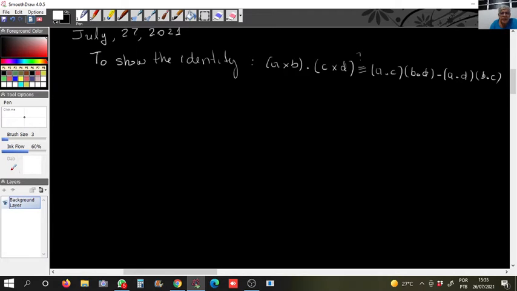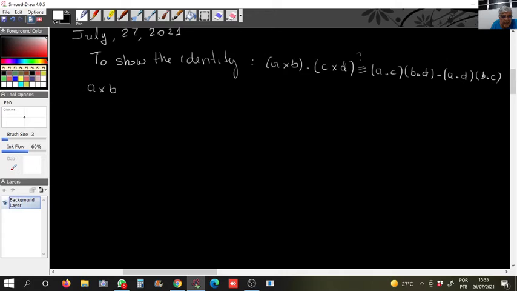First of all, it's important to understand, in the tensor notation, if I have a cross product of vectors A, B, C, D, I didn't put the arrow here, but these are vectors.